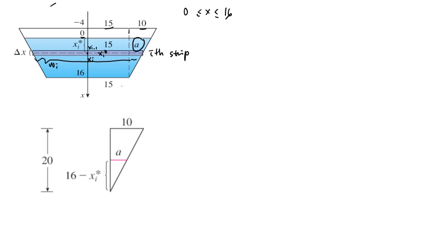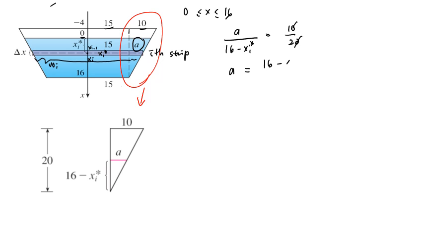If we take out this part of the trapezoid here and compare it with a similar triangle, you can get the ratio of A over 16 minus xi star equal to 10 over 20, or just 1 over 2. Then you get A equals 16 minus xi star over 2, or 8 minus xi star over 2.